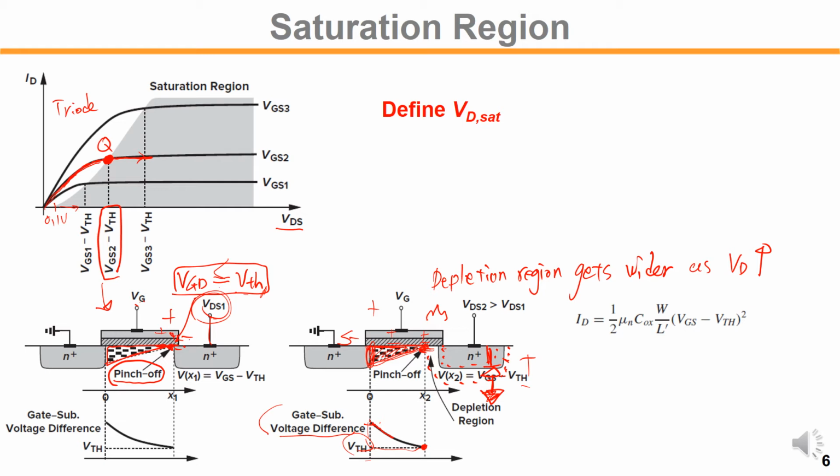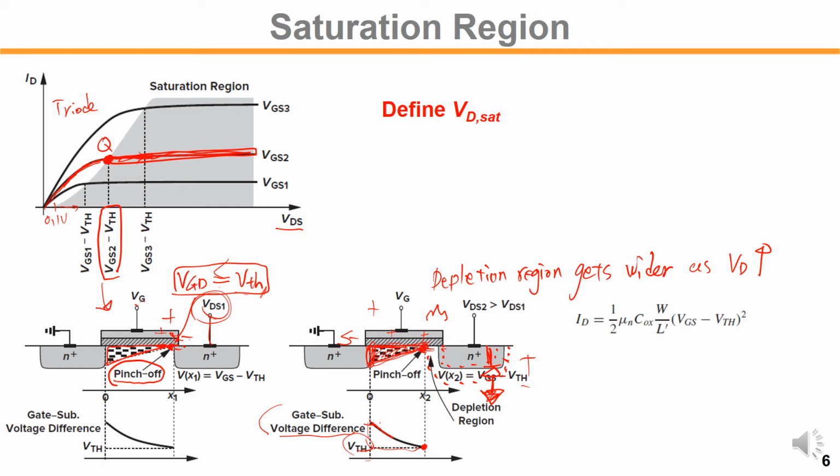This is the minimum voltage required to make the channel inversion. So once this pinch off happens, the overall current doesn't change. It's fixed. It looks like a resistor. All right.